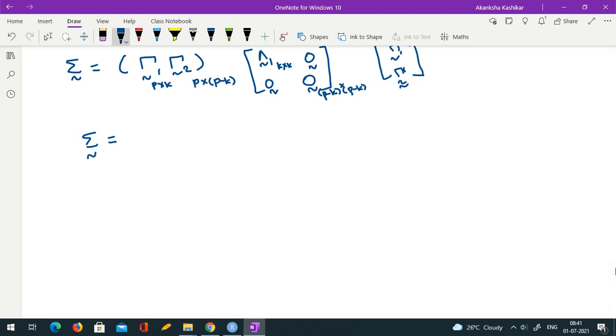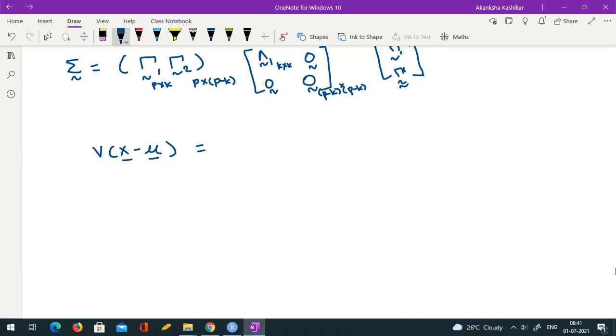So I have sigma as, we will use multiplication of partitioned matrices. Now we know that sigma is variance covariance of x, but it is also variance covariance of x minus mu, because variance is not affected by the shift in origin.